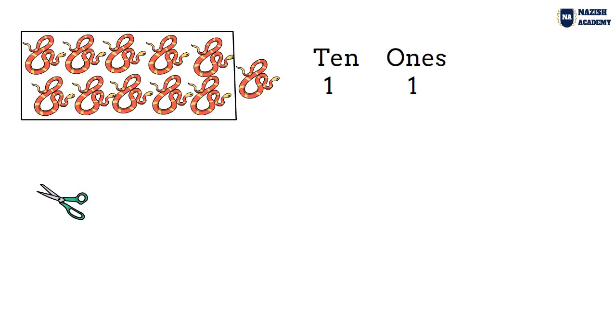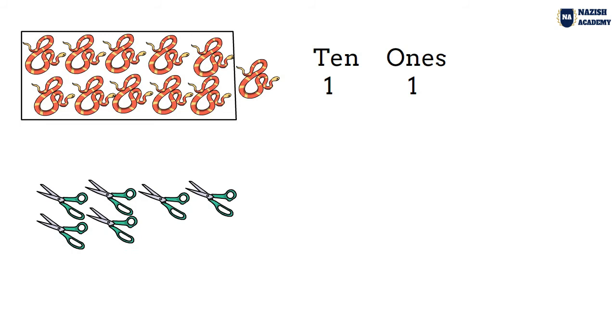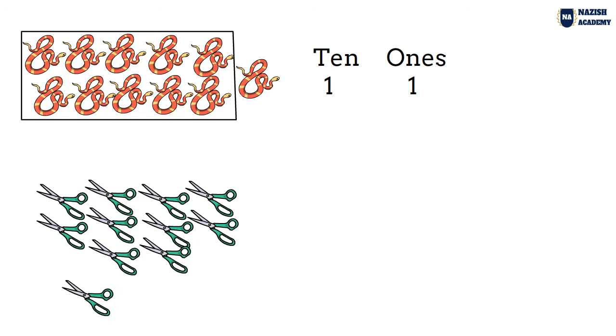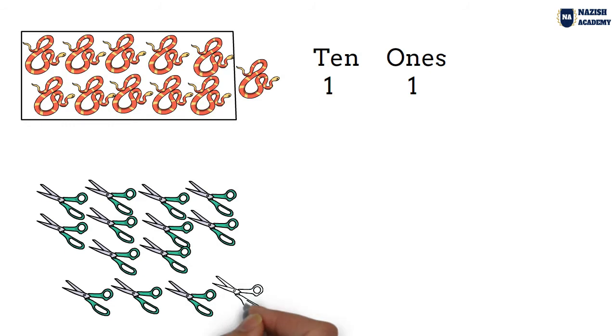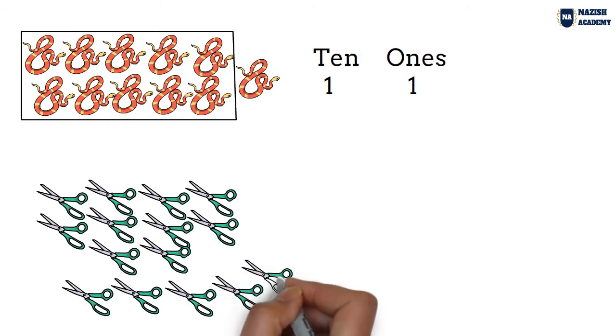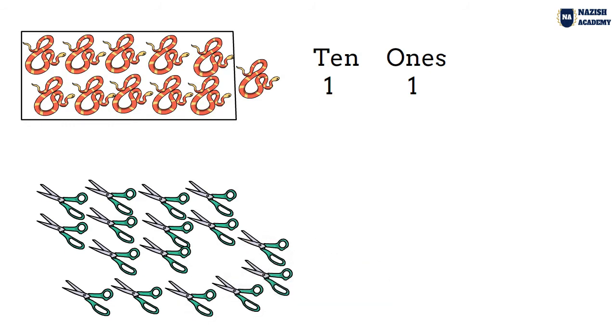1, 2, 3, 4, 5, 6, 7, 8, 9, 10, 11, 12, 13, 14, 15 and 16. 16 scissors are there.